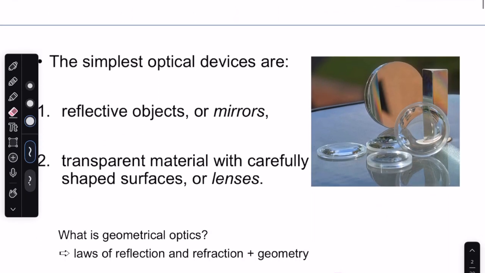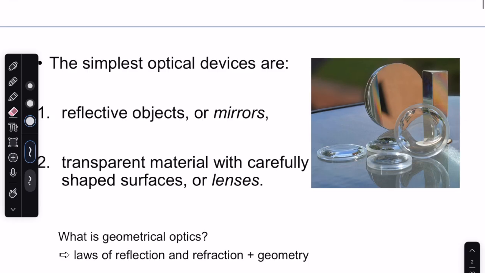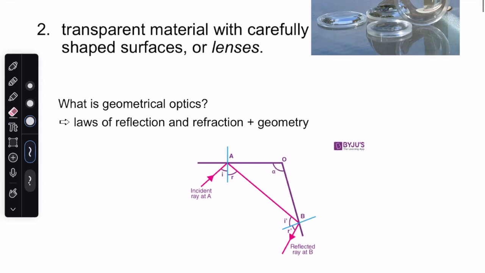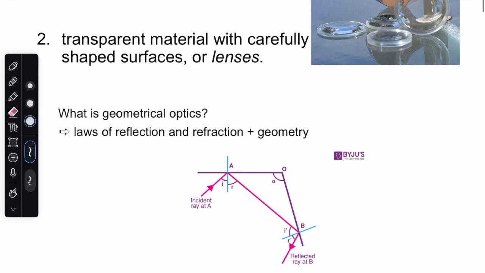So the simplest optical devices are reflective objects like mirrors or transparent objects like lenses. So today we're going to talk about mirrors, and then the next lecture we'll talk about lenses, and then we'll talk about optical devices after that. So we're going to use geometrical optics to explain the images produced. And what is geometrical optics?